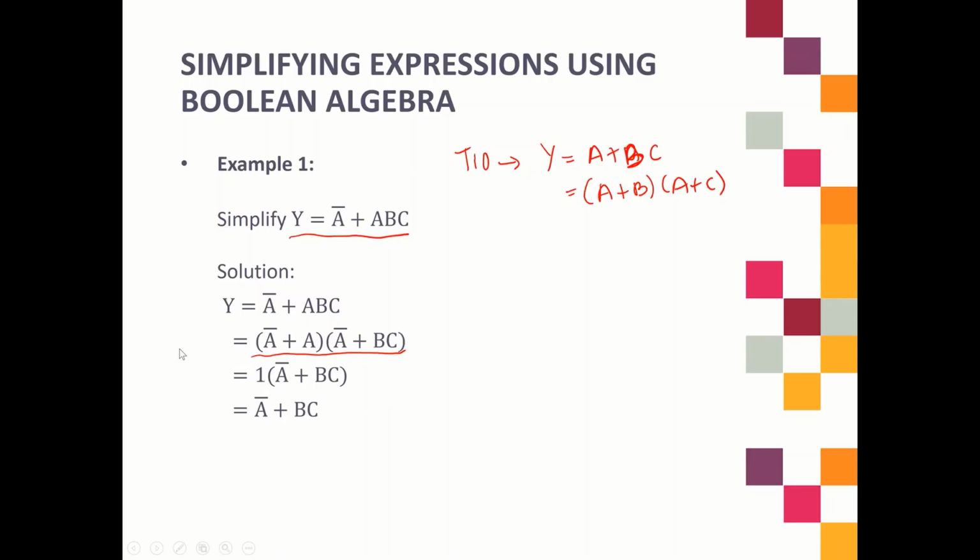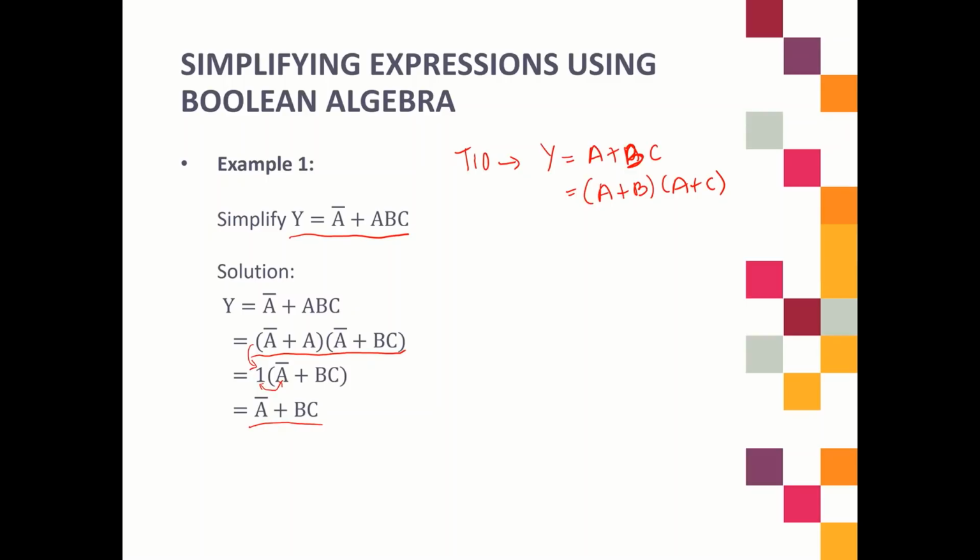Then for the next step, between these two values, this is another theorem, 1 times A bar plus BC. So what happened? You will get A bar plus BC. This is another theorem. So your last answer will be A bar plus BC.